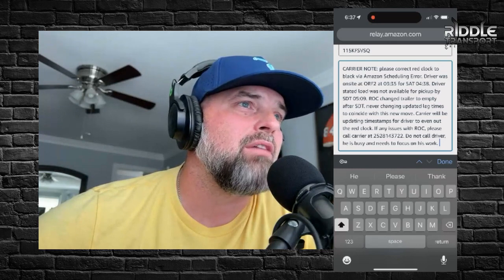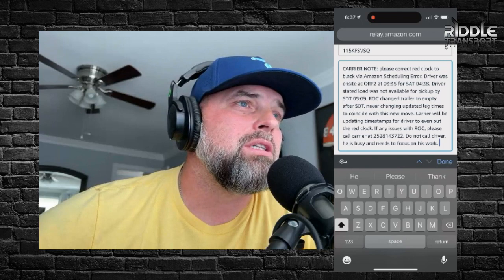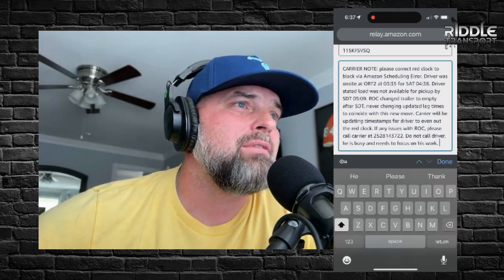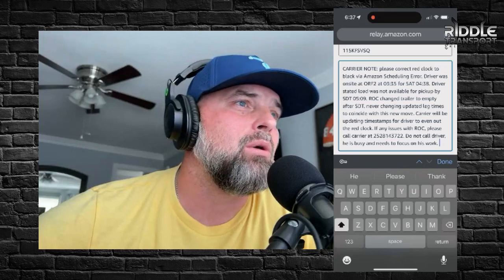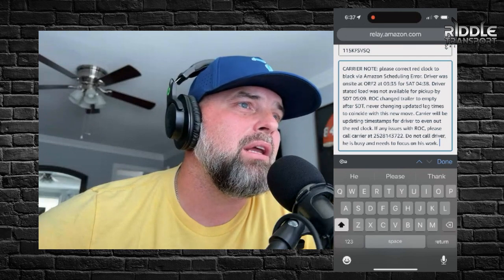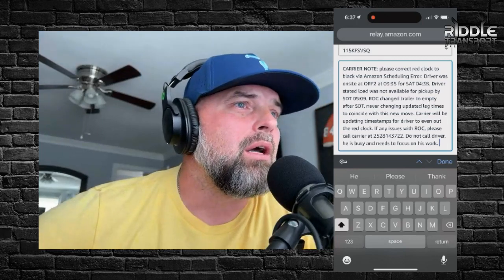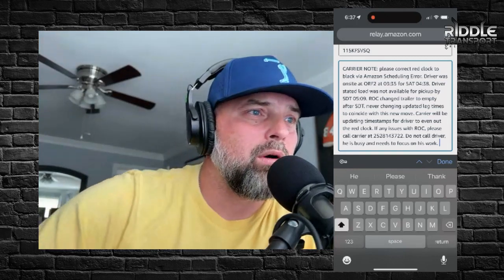Driver stated load was not available for pickup by SDT 05:09. ROC changed trailer to empty after SDT, never changing, updated leg times to coincide with this new move. Carrier will be updating timestamps for driver to even out the red clock. If any issues with ROC, please call carrier at my number. Do not call driver. He is busy and needs to focus on his work.